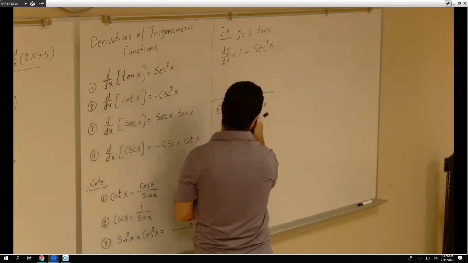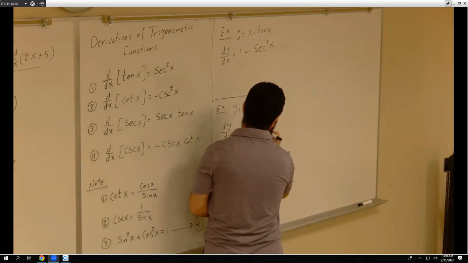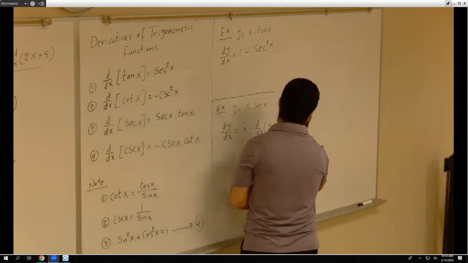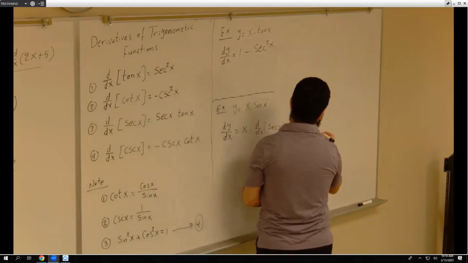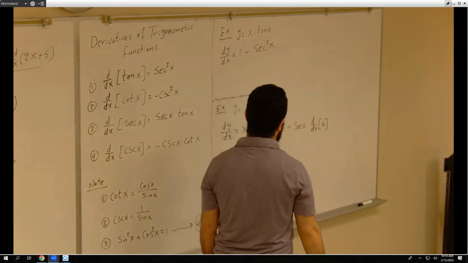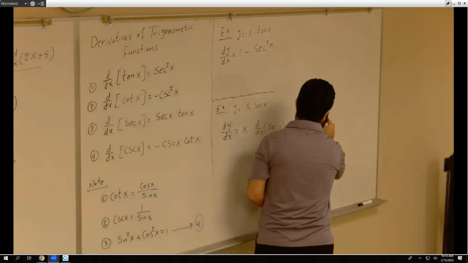The first function, which is x, times the derivative for the second one, d over dx of secant x, plus the second one, which is secant x, times the derivative of the x. You can put brackets, you can put parentheses.